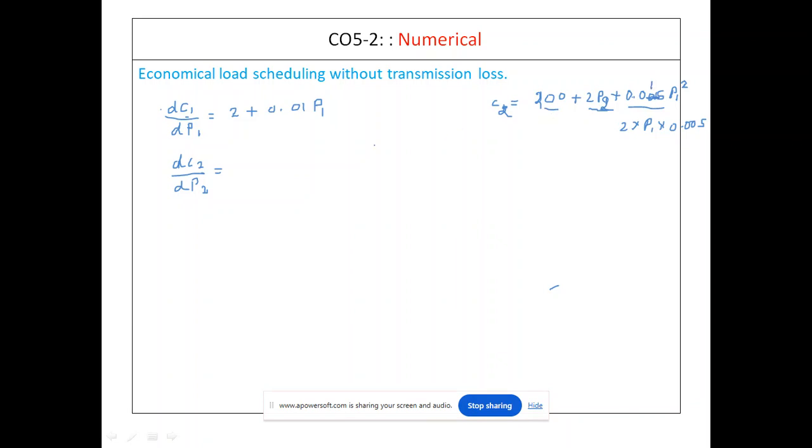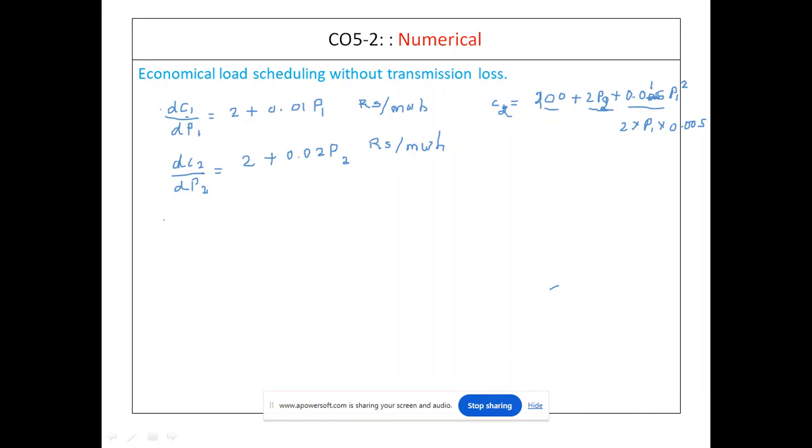When you differentiate C2, you get 2 plus 0.01 into 2, that is 0.02 P2. This is the incremental cost. The unit is rupees per megawatt hour, and this is also rupees per megawatt hour, because the powers P1 and P2 are in megawatt.